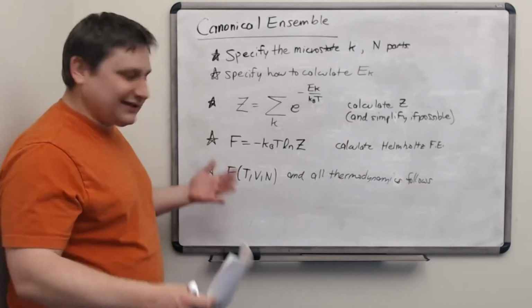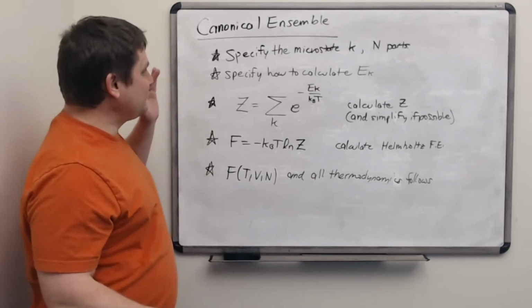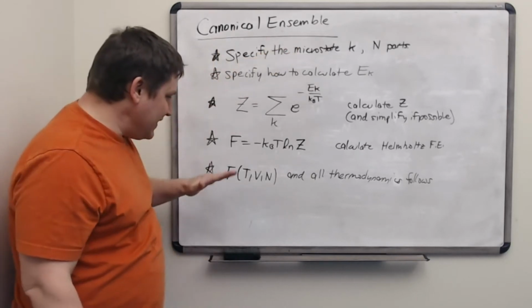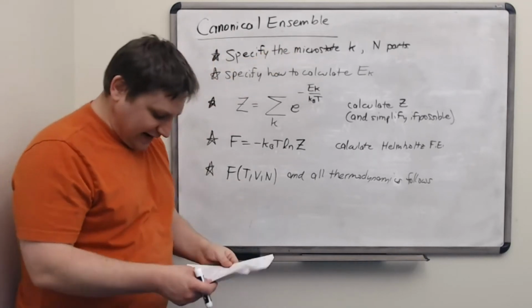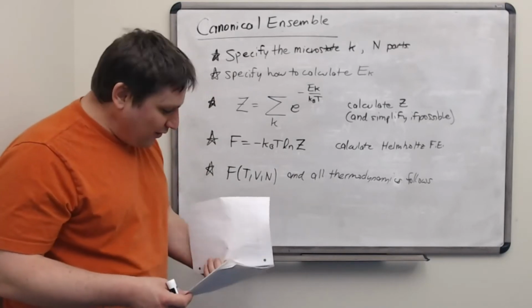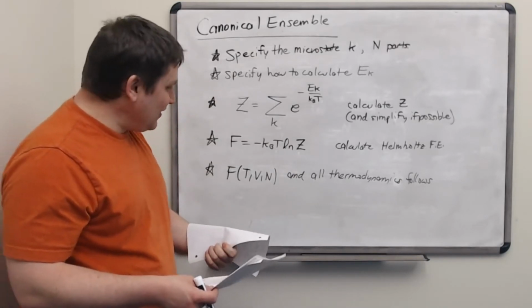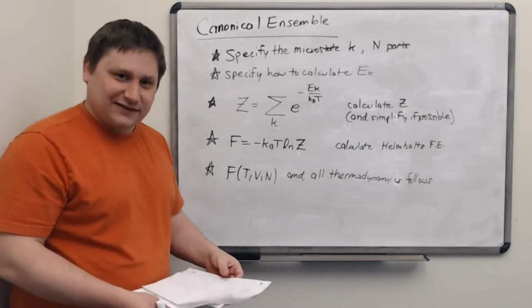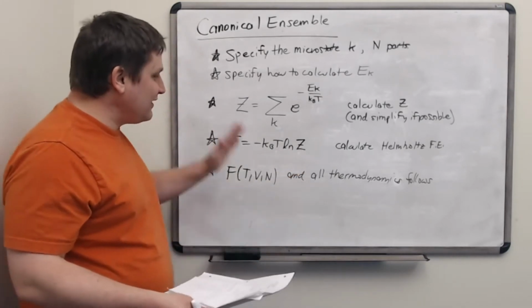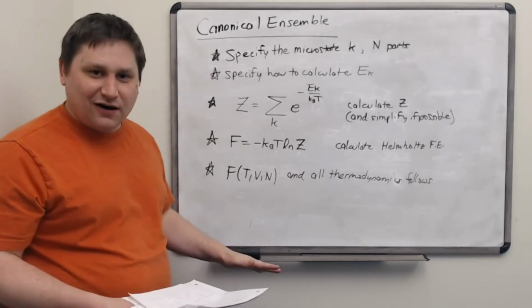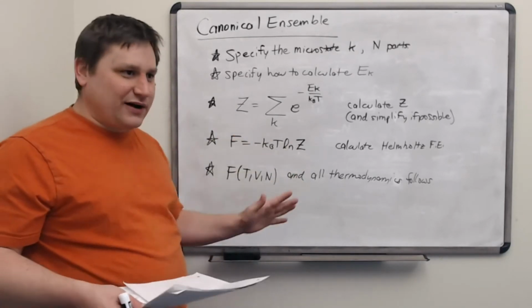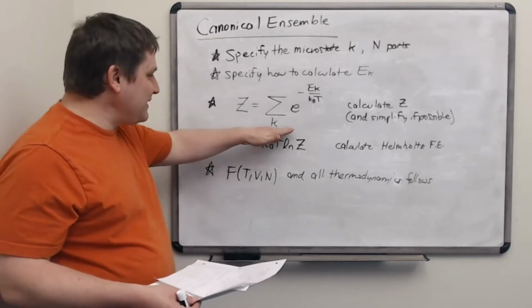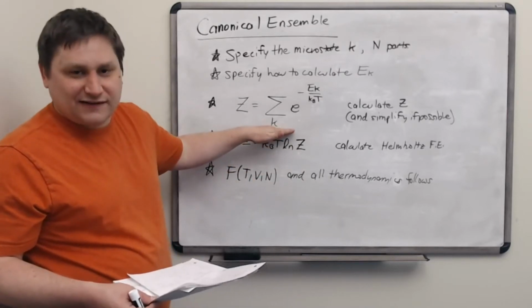So it's a very slick way to go from a statistical model into a thermodynamic model. And it's so simple in terms of the equations, right? There's not a bunch of crazy integrals or derivative equations to solve. You don't have to work with a bunch of factorials. The only real hard part is maybe doing this sum, simplifying this sum if you can.